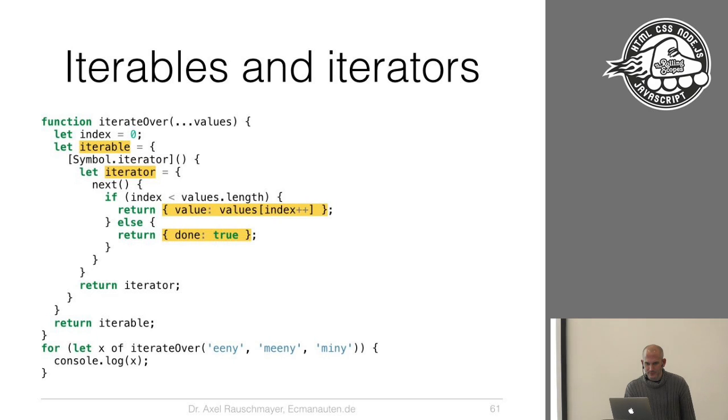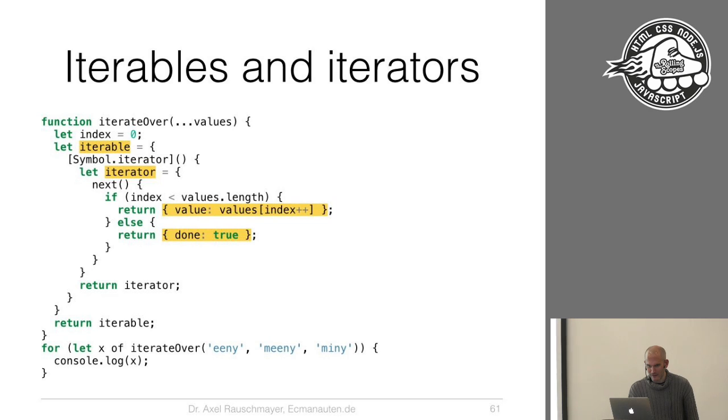So this has to return an iterator, and the iterator is always called with next. As long as there's still something left in values at the index, you return an object with the property value.